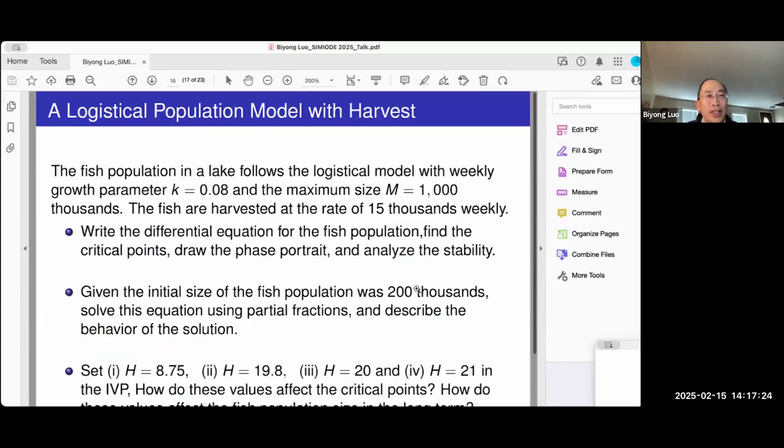So that's the first project. The next project is called a logistic population model with harvest.